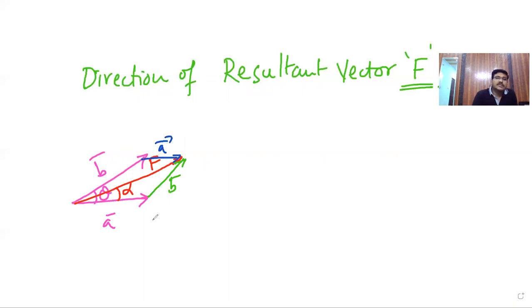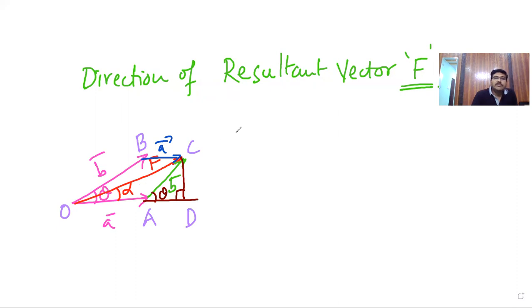Then we drew a perpendicular here, extending this, and this angle is theta, then this angle is also theta. And we have named the triangle O, A, B, C, D.